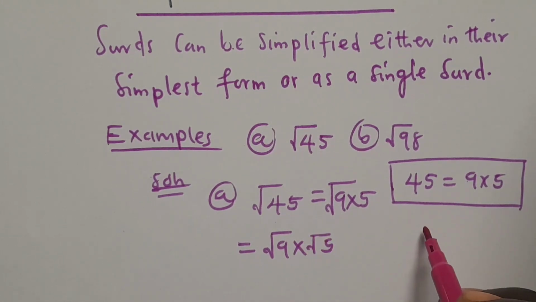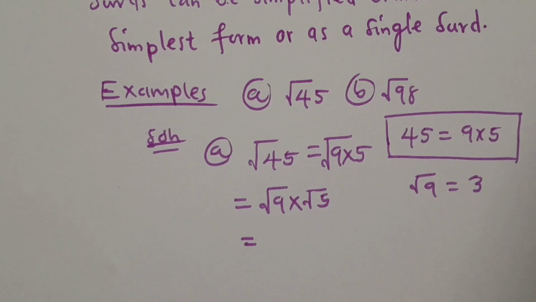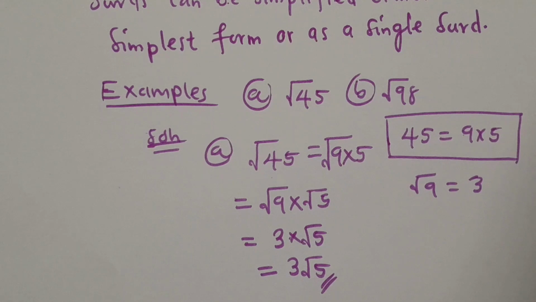Note that square root of 9 equals 3 because it is a perfect square. So we have this to be equal to 3 multiplied by square root of 5, and this is equivalent to 3 root 5. So it is now in basic form.